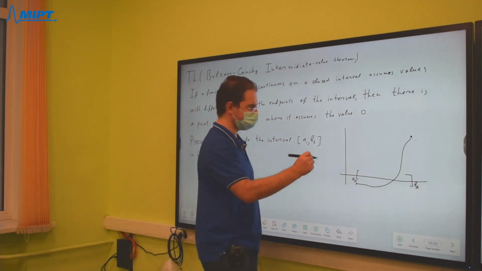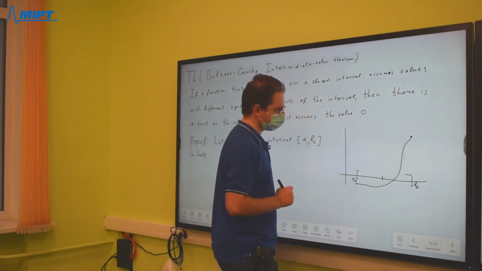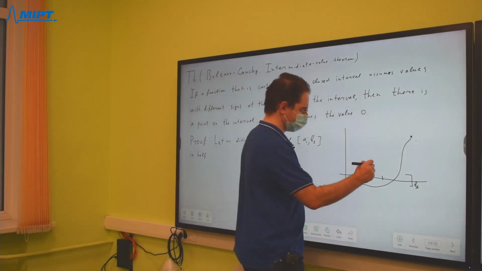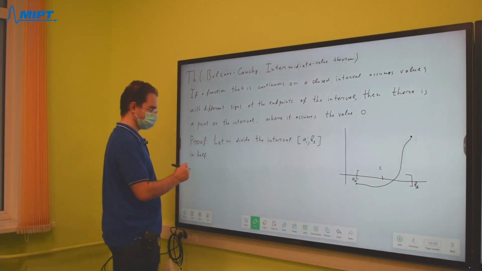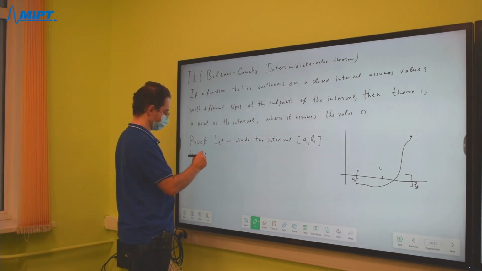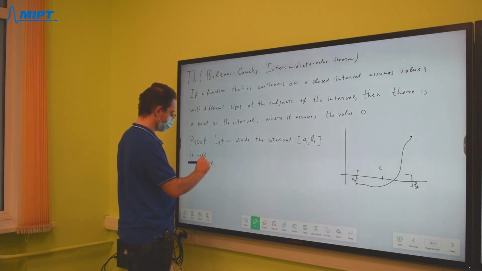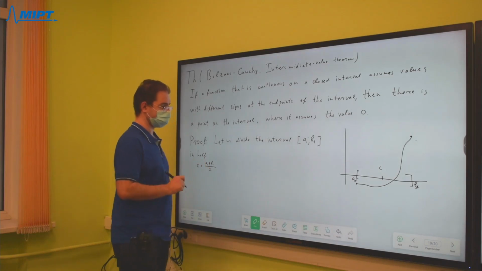So let's take this point C, C equals (A1 plus B1) divided by 2.